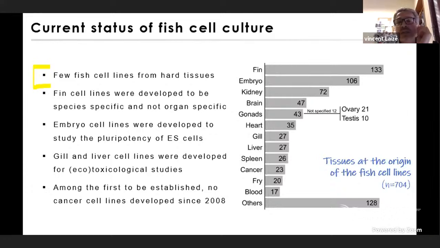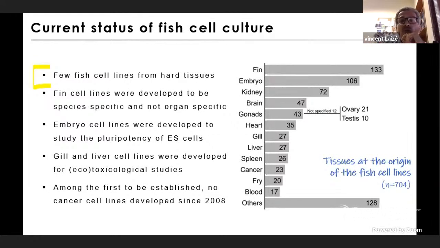Actually, only 12 of the 704 cell lines listed here were from hard tissue. I will discuss a little bit later why this disequilibrium between hard tissue and soft tissue.